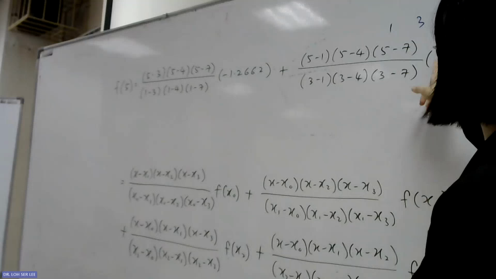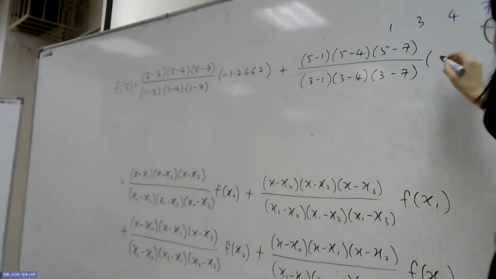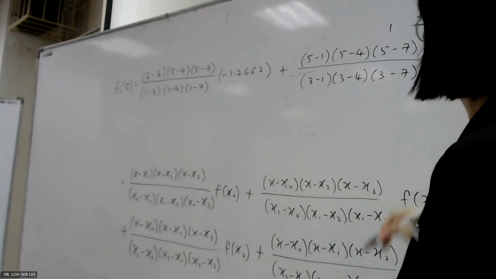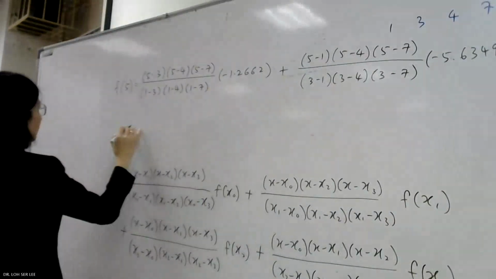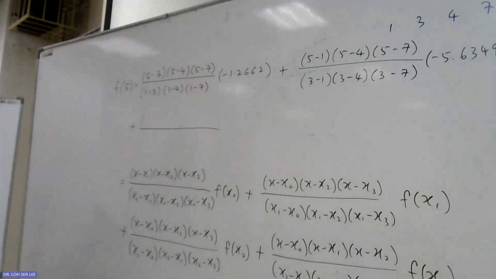What is the x1 just now? Actually 5.6349. 0, 1, 3.